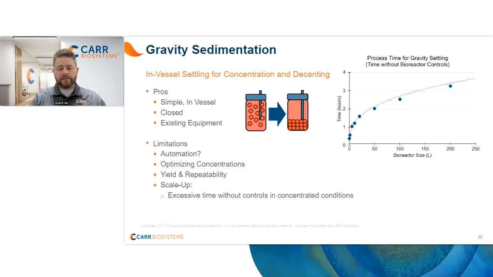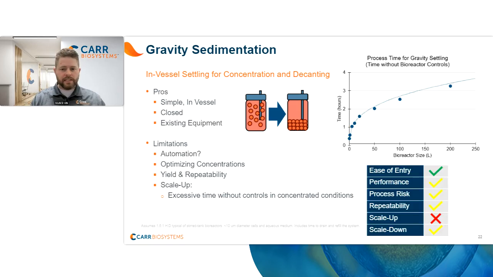So it's very difficult to get that scalability of the processing time, if that's a critical process parameter for you. So overall, from a quick scorecard, really easy to use, but from a scale-up perspective, and maybe from a process time perspective, not the most ideal approach.